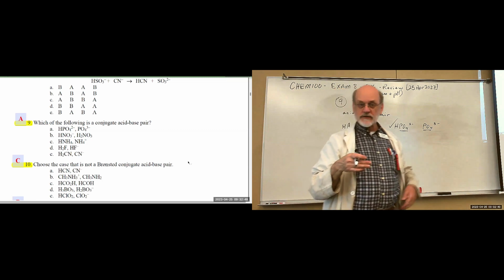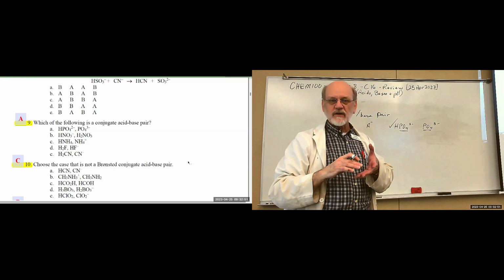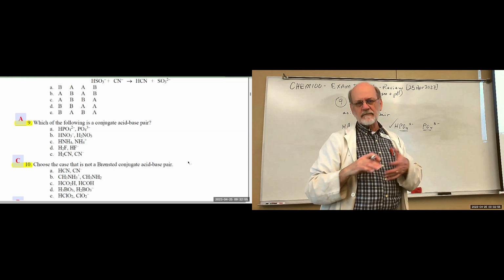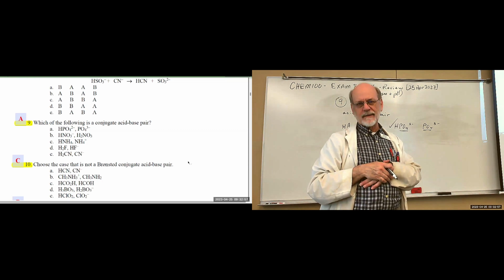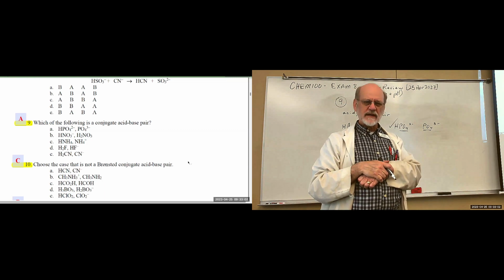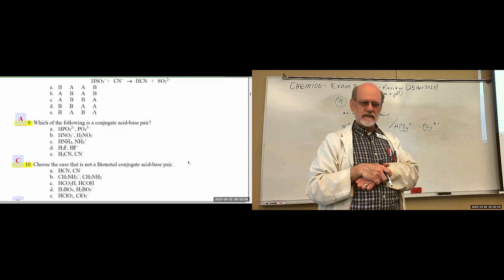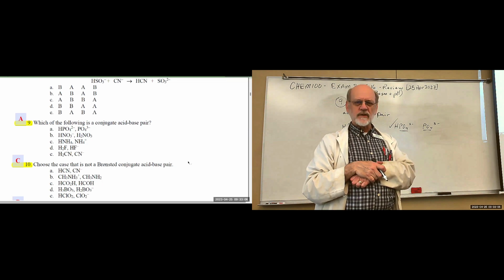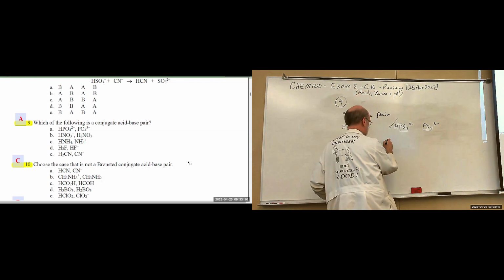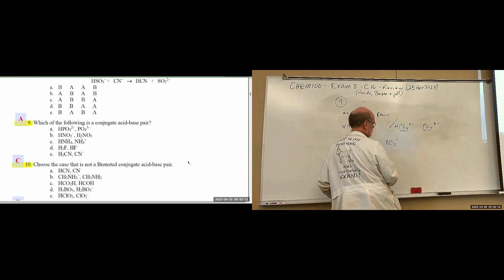The others, you'll notice, like the second one, HNO3- and H2NO3. Well, in the first place, that's not a valid compound to begin with. You don't have HNO3-. NO3- by itself, right?